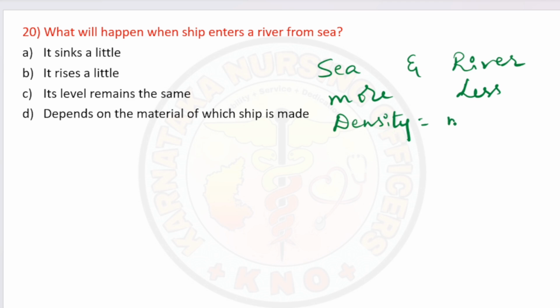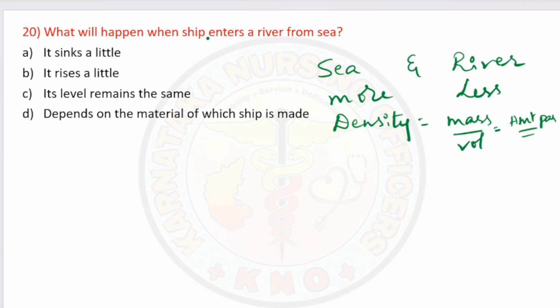It is mass by volume, correct? Mass is nothing but the amount of particles or molecules. Density is directly proportional to the amount of particles in the sea and also in the river. So compared to the river, the sea's density is more, correct?